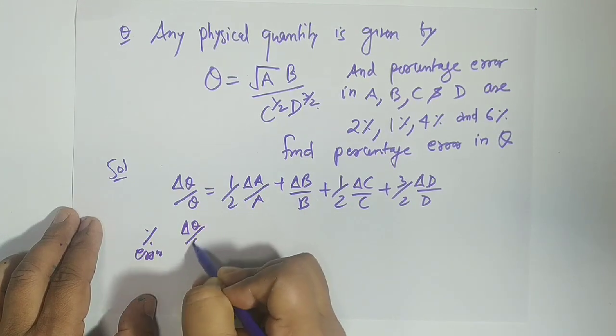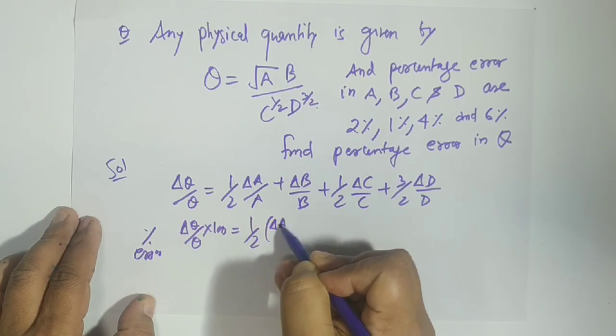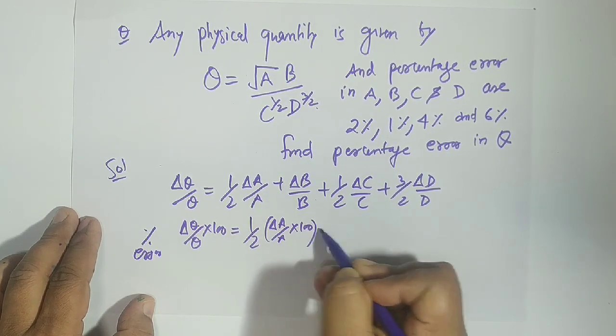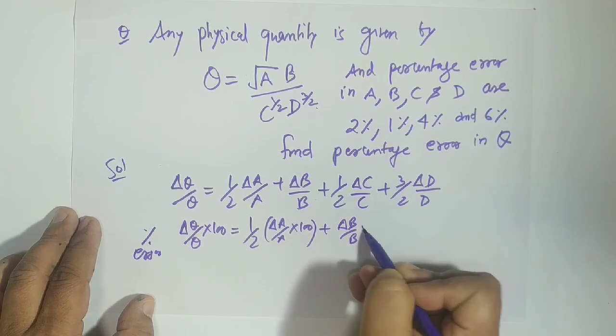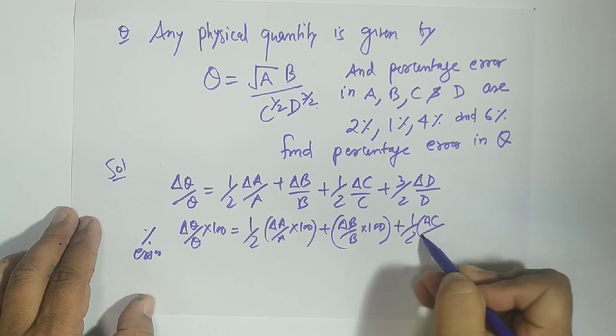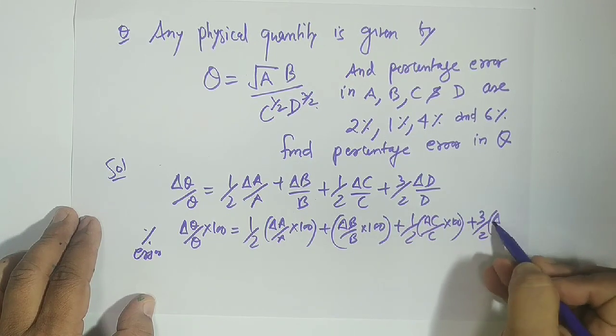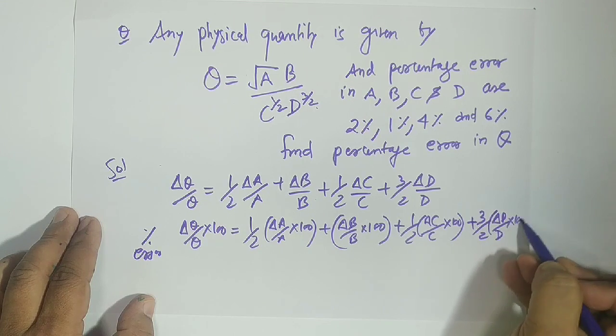We know delta Q by Q into 100 will be half delta A by A into 100, then delta B by B into 100, and then half delta C by C into 100, and then 3 by 2 delta D by D into 100. This is the way we write the percentage error.